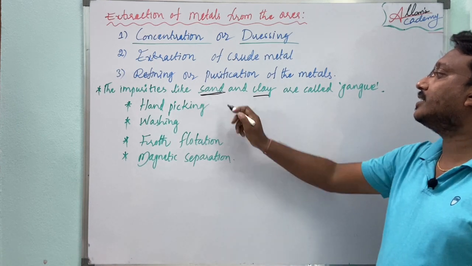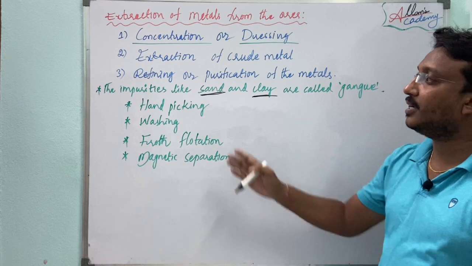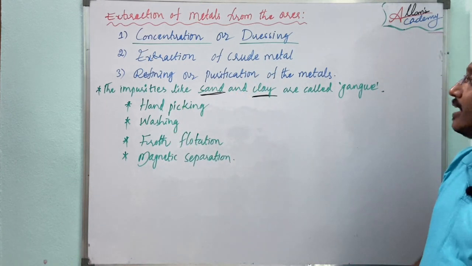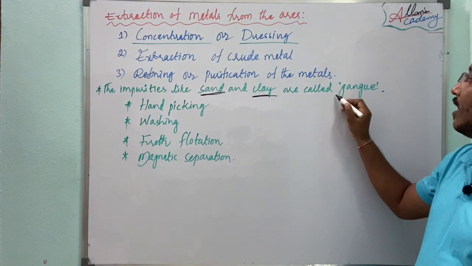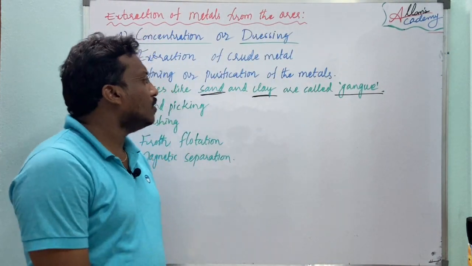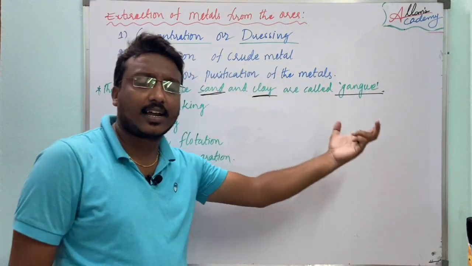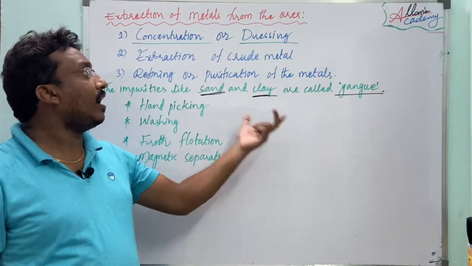That's why they contain such impurities. The impurities like sand and clay are called gangue. So we have to remove this sand and clay from the ore.